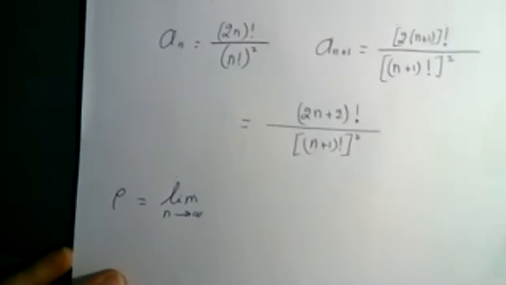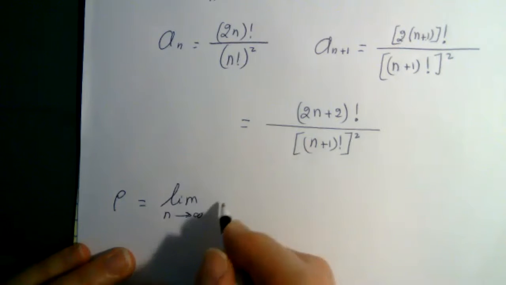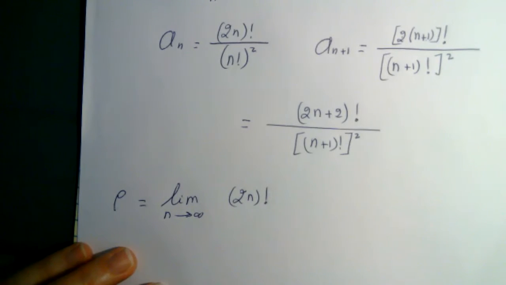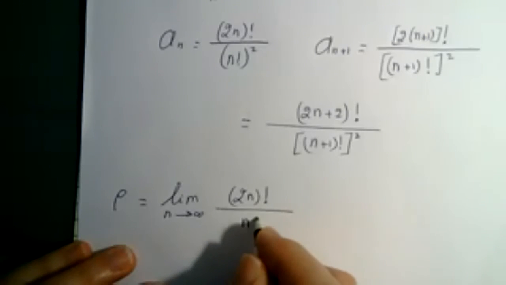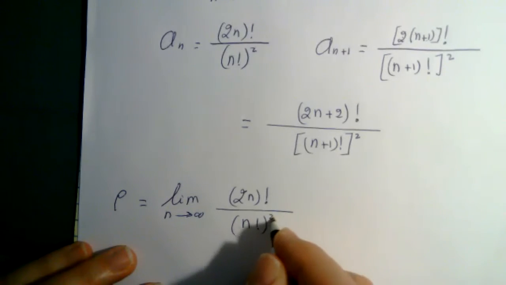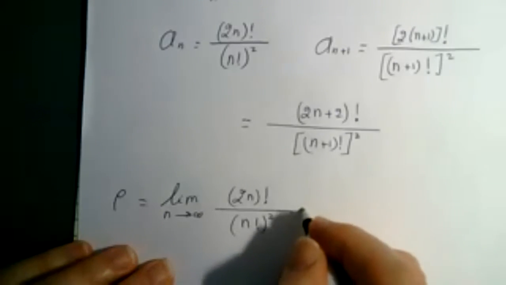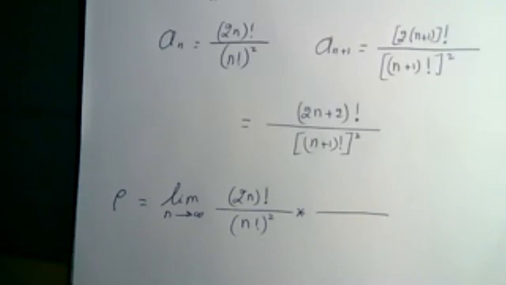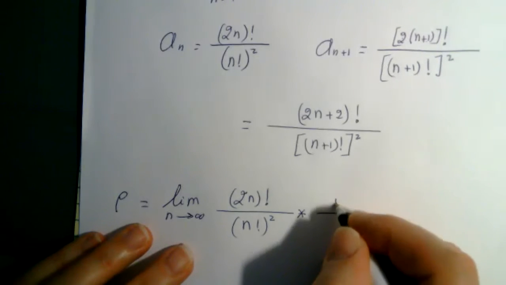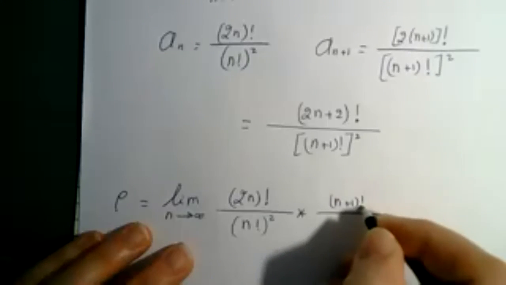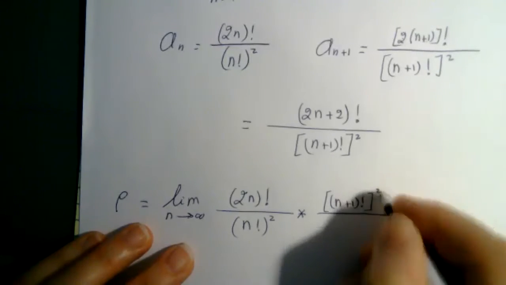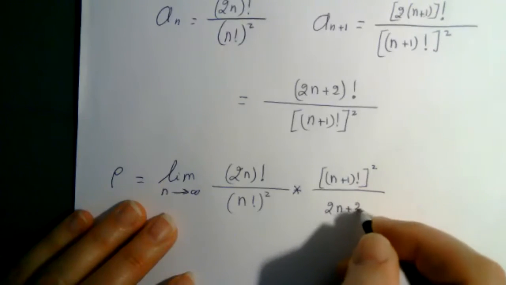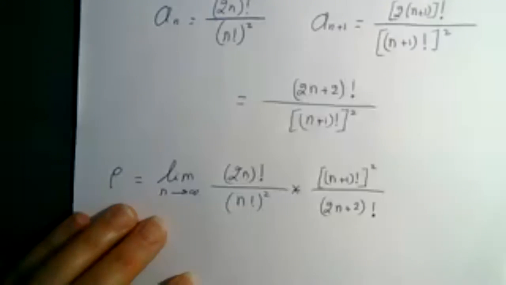So what's the limit here? The limit is, okay, let's see what we get. a_n means 2n factorial over n factorial squared over a_{n+1}. So I'm skipping a step here. I hope it is clear. You guys don't skip. I skip. Now, a_{n+1}, by flipping the denominator, is going to give me that. And this is going to give me 2n plus 2 factorial.